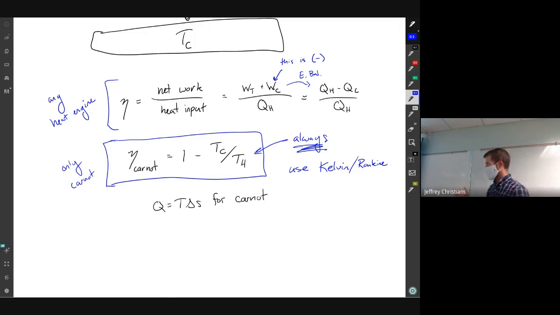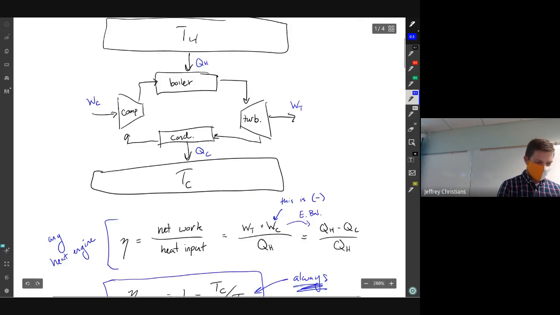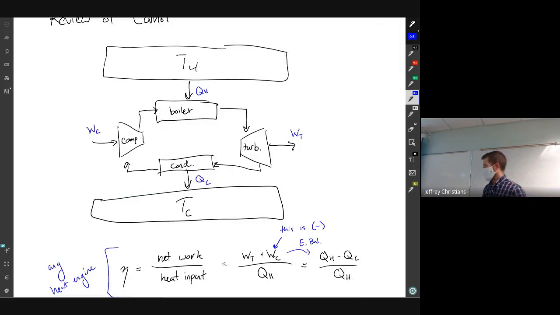Okay, so this is a really simple analysis for this type of cycle, but I just maybe gave it away a little bit because we don't actually try to do exactly this. So if we think about what's happening in our system, what we have is kind of 2 steps where we're at constant temperature. Everything is ideal.